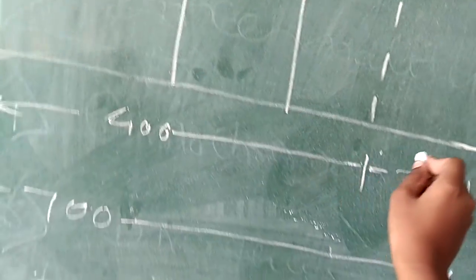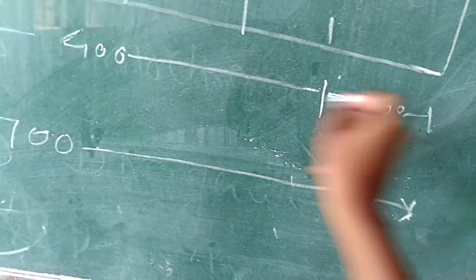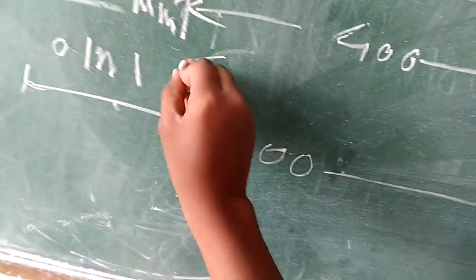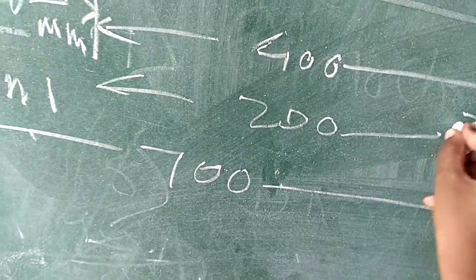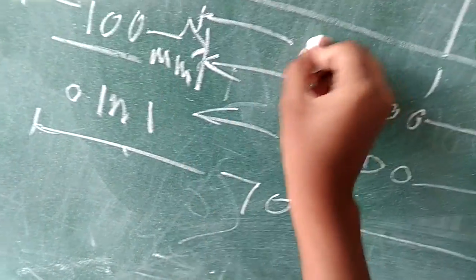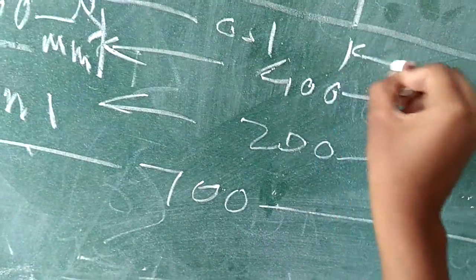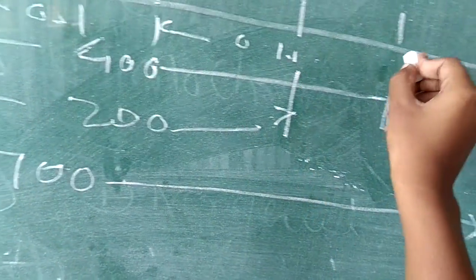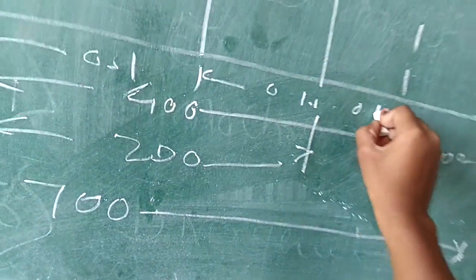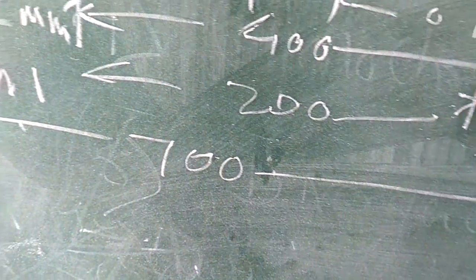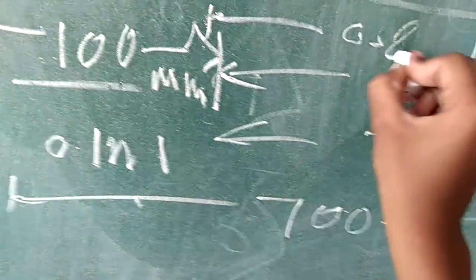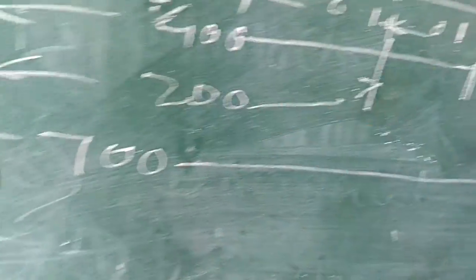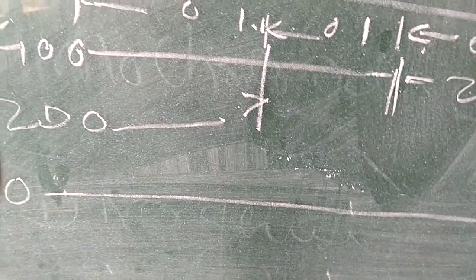From this point to this point is 400, and from this to this will be 200. So it will be 0.1, 0.2, 0.1, 0.1, so the total is 0.4, and from here it is 0.2.